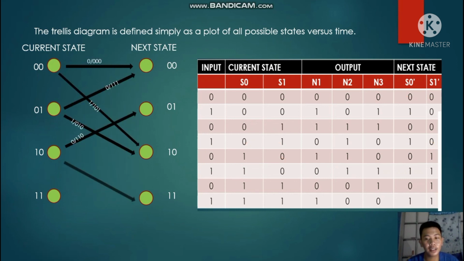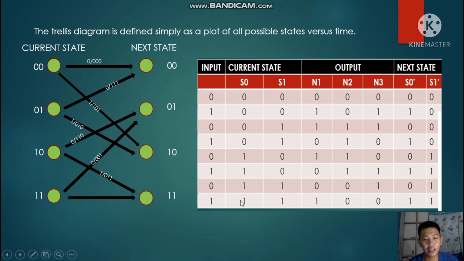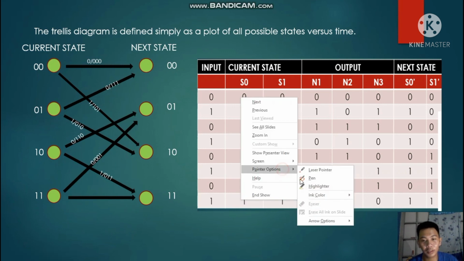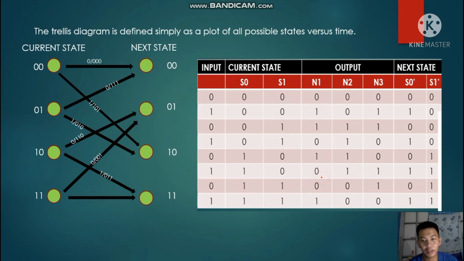So this process is repeated until our last input. Our last input here is current state of 1 1 and next state of 1 1, with an input of 1 and an output of 1 0 0.